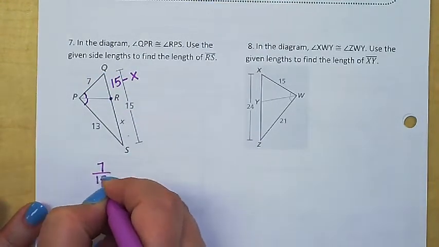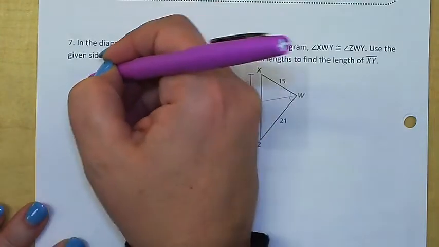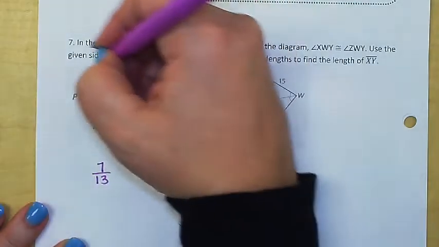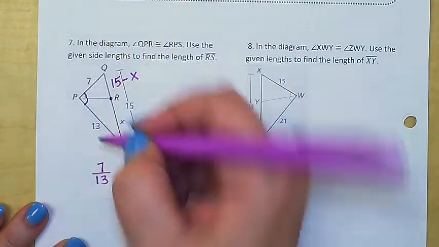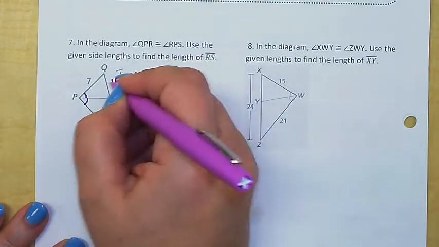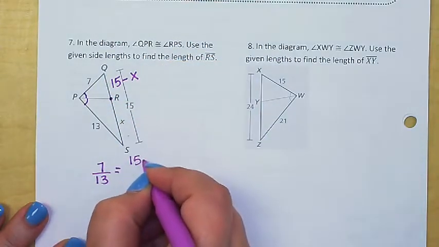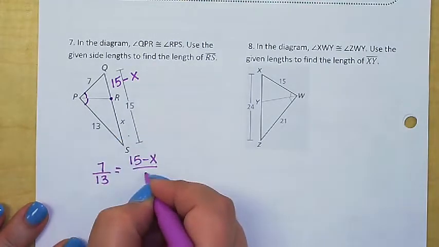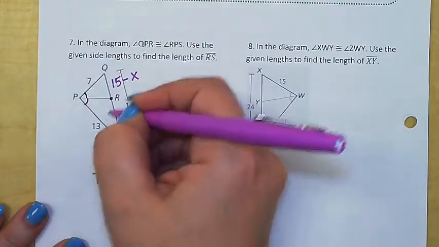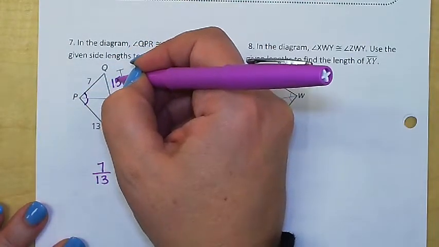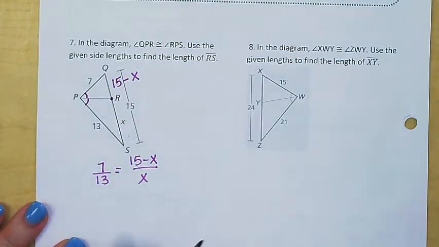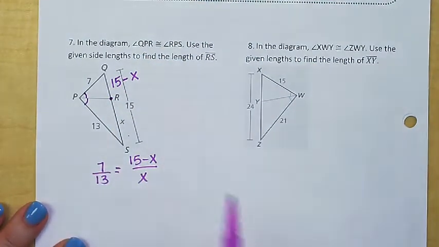I'm starting on the top one here, on this side, so these are going to go to this. So 7 over 13 has to be equivalent to 15 minus x over x. If I went from here to here, then I've got to make sure I am consistent and go this side to this side. Okay, there's our proportion, cross multiply.